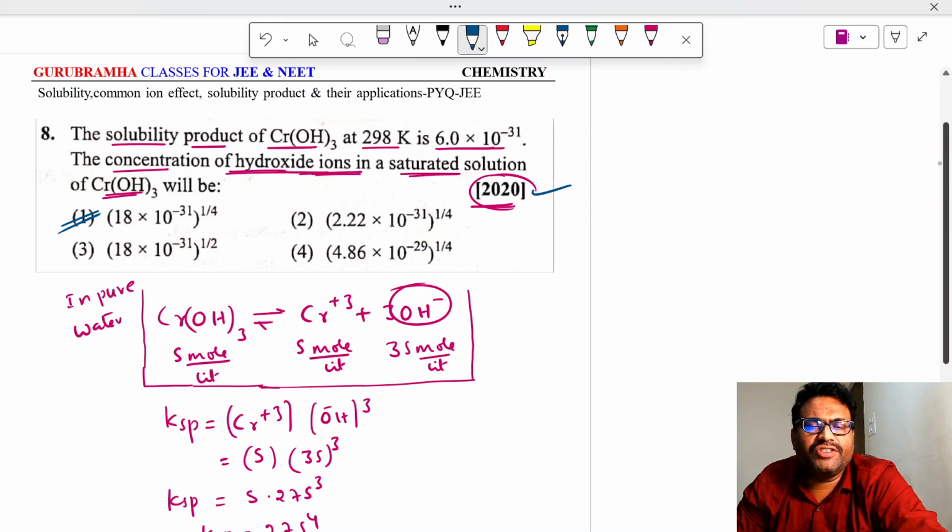The more problems we solve, the more practice you do, the easier it will be in the examination. You should understand the concept, and after understanding it, you need to practice. Simply understanding the concept is not sufficient for competitive examinations.